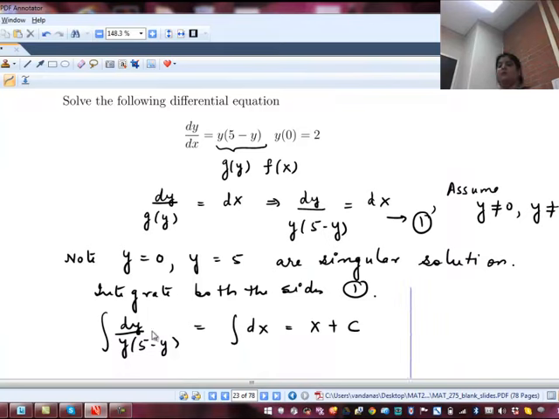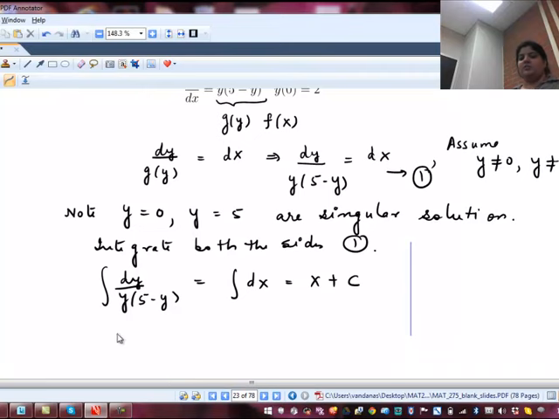Okay, we will decompose this into partial fractions. So using partial fractions, we have to write this as a over y dy plus b over 5 minus y dy equals x plus c. Now if I am able to get the values of a and b, then it's simply ln of that and ln of this expression with absolute sign.